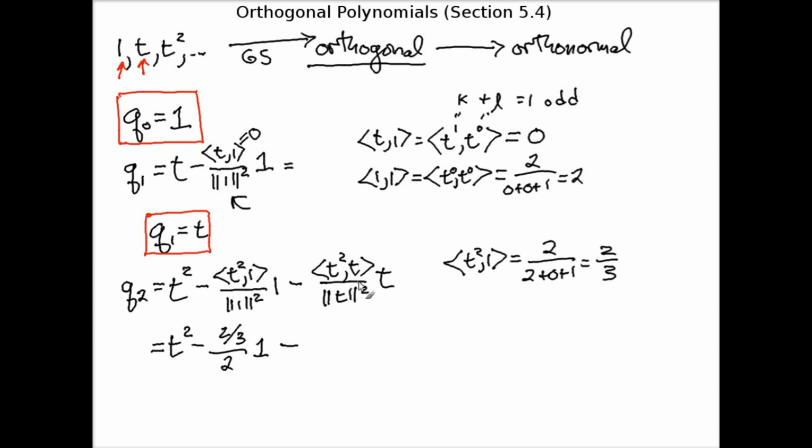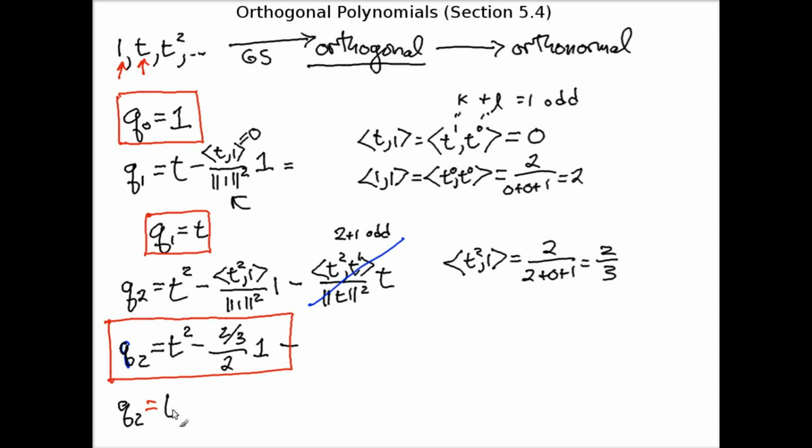And then this other term, well, the sum of the powers here, since 2 plus 1 is odd, this term goes away, and that's all you have. So Q2 is given by this formula. And, well, I should have rewritten it as Q2 is equal to t squared minus 1/3.